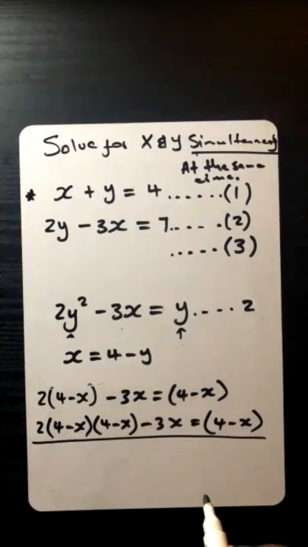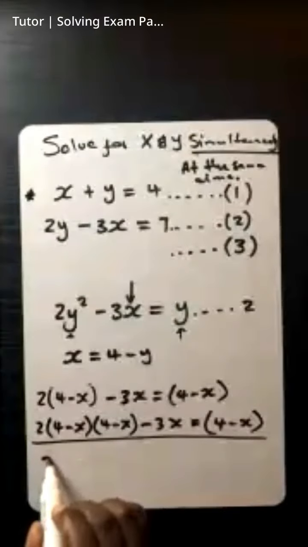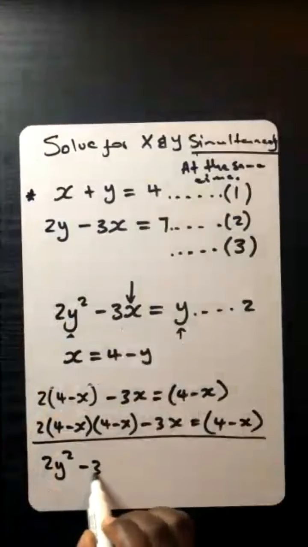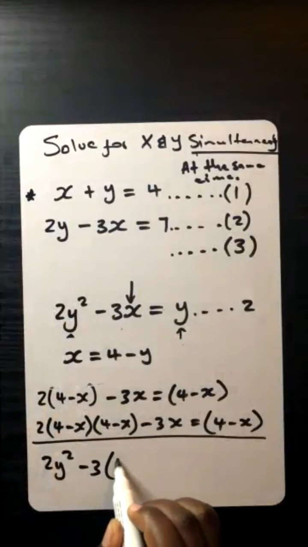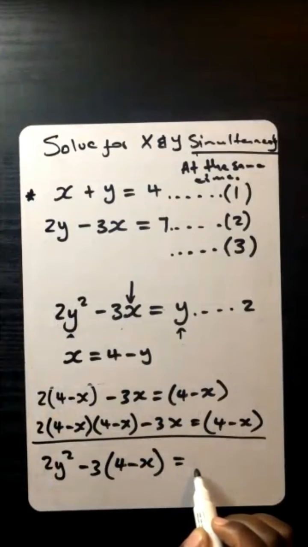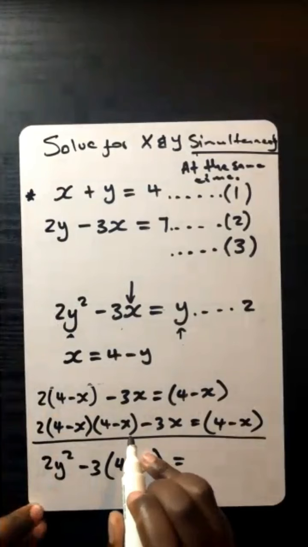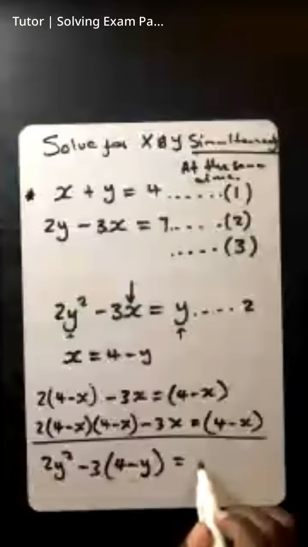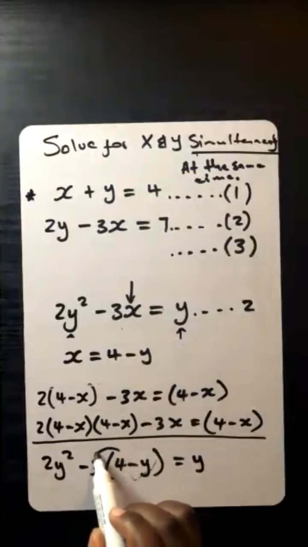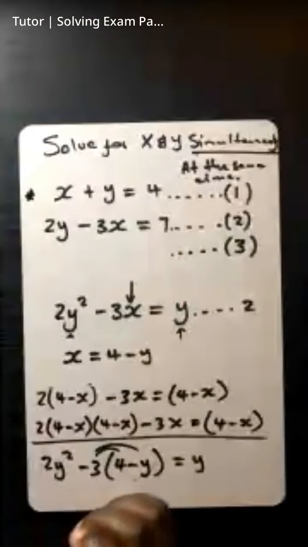So can you see, you only substituted once there, which means you've got 2y, minus 3 into 4 minus y. Remember, we made x the subject of the formula, minus y, this equals y. Then from there, you can easily solve and proceed with the problem.